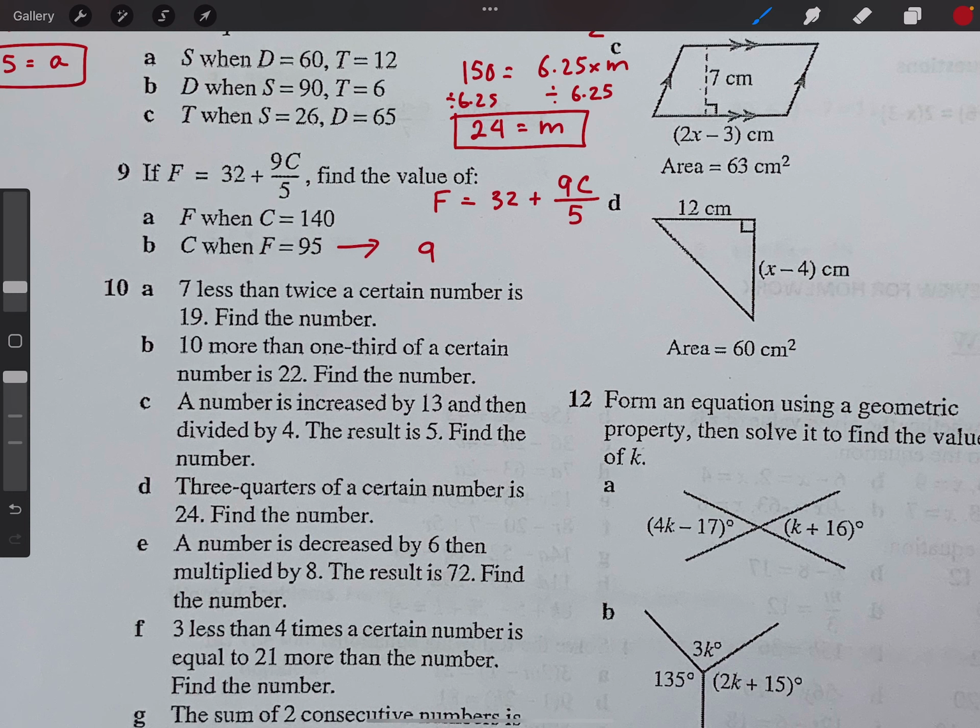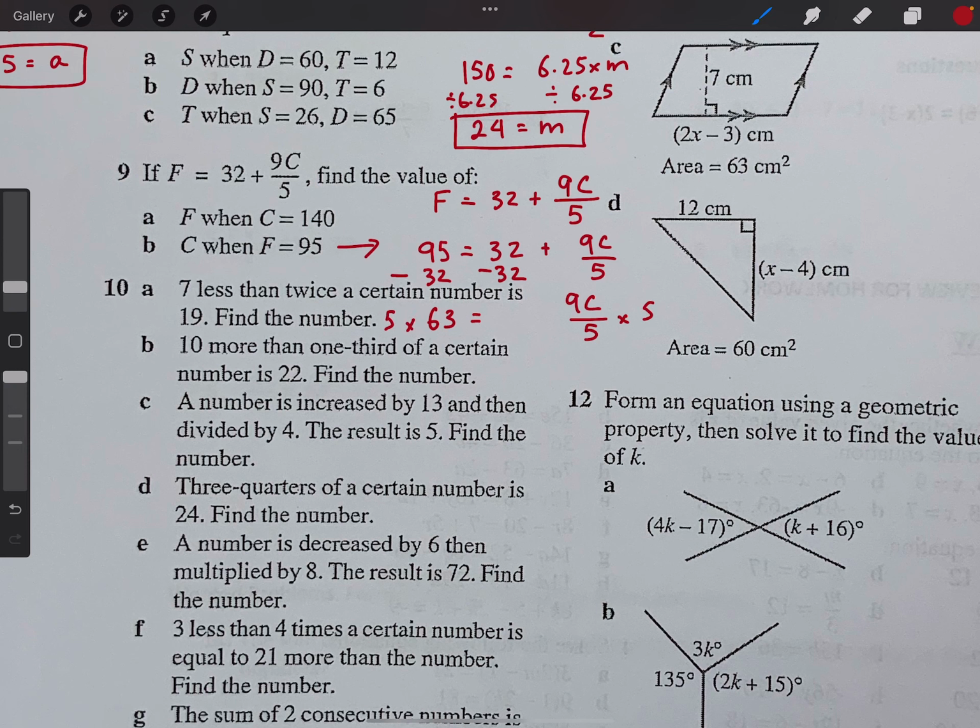So this will be 95 is equal to 32 plus 9c over 5. Let's take away 32 from both sides. So 95 take away 32 will be 63 is equal to 9c divided by 5. Let's multiply both sides by 5.